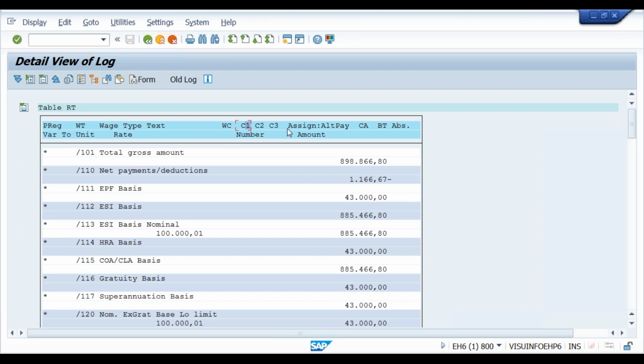Okay, first indicator, second indicator. There are multiple indicators here, right from here to here. WC to the unit. These are indicators. Okay, this is the first indicator. These are the other indicators we see.